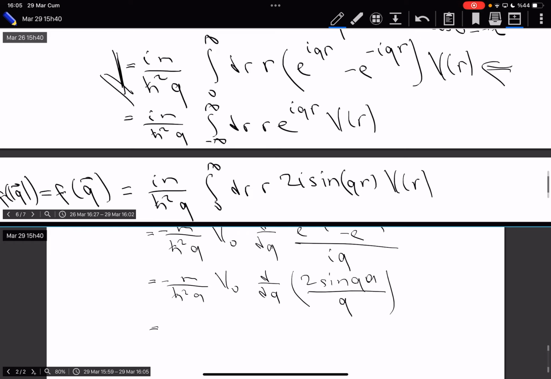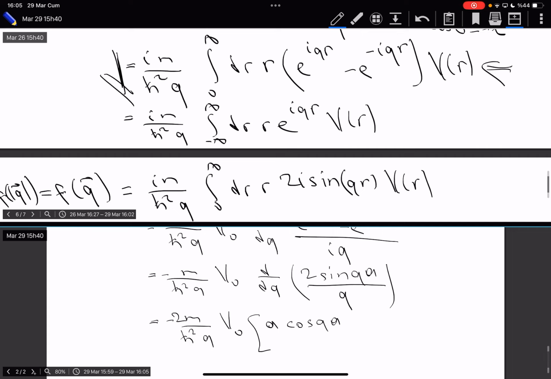Now let me take the derivatives. Well, the derivative of sine is a times cosine qa divided by q, minus sine of qa divided by q squared.